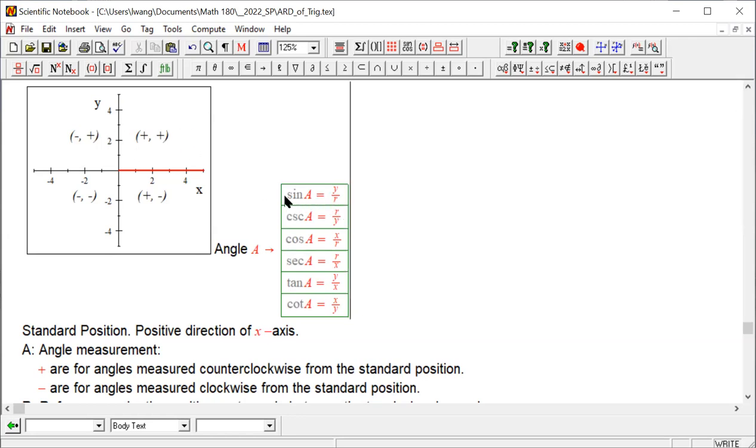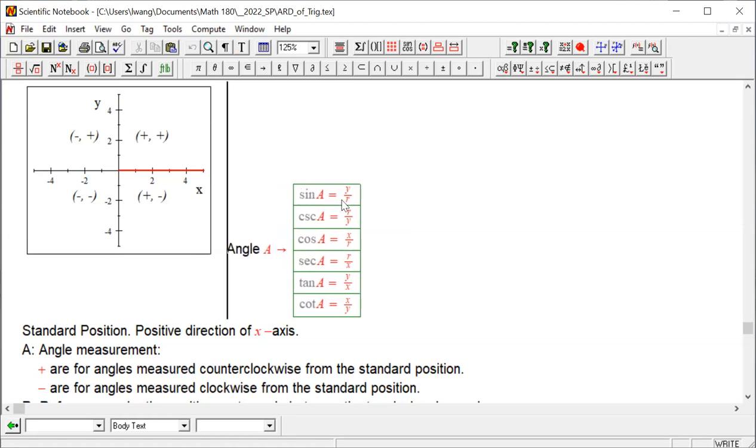For the ratio of sine, we know how to measure the angles. To see the sign for sine in different quadrants, all you have to do is look at the y. If the y's are negative, then sine will be negative. So sine is positive, positive, negative, negative.